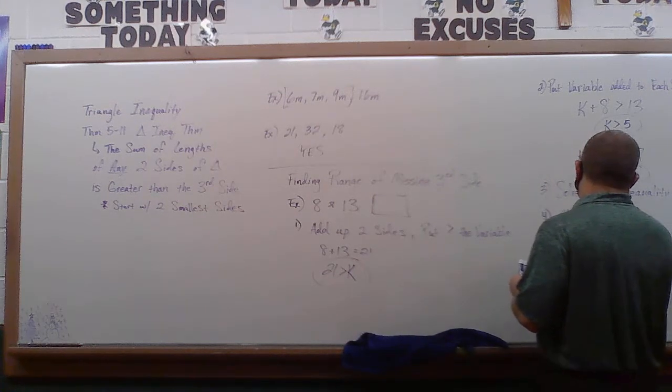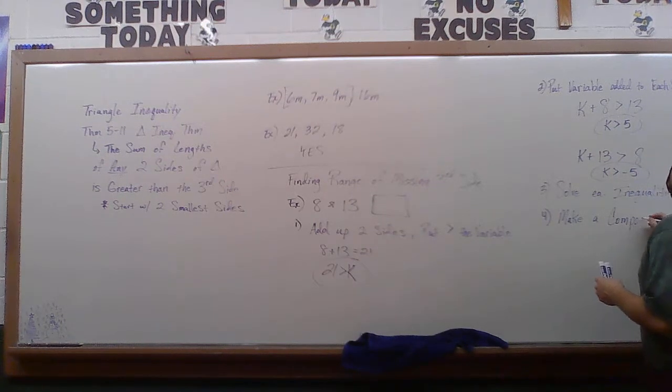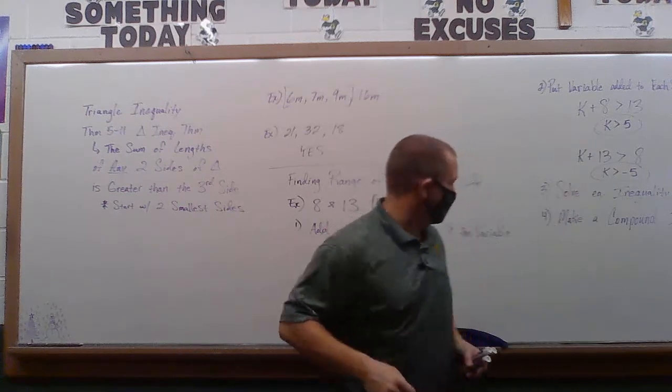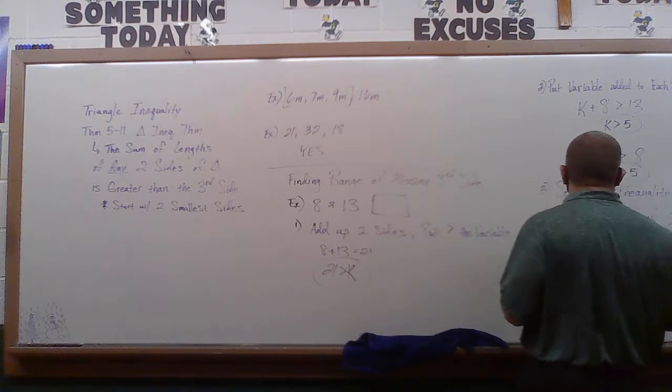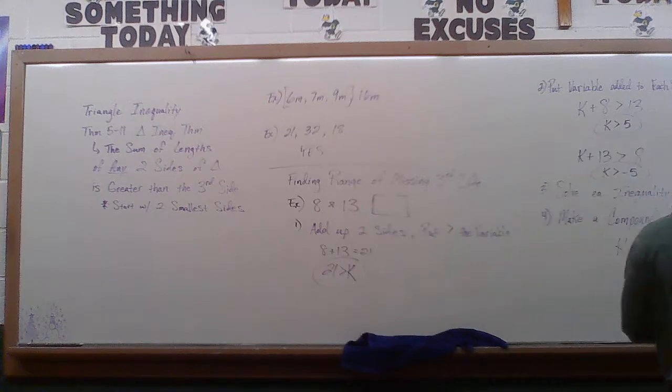So you're going to now, number 4, make a compound inequality. Remember what compound inequalities were? That's where the variable was in the middle, and then you had less than or greater than around it. So I'm going to put k in the middle. Now here's the key. Every single time that you do this part right here, throw out the negative value.